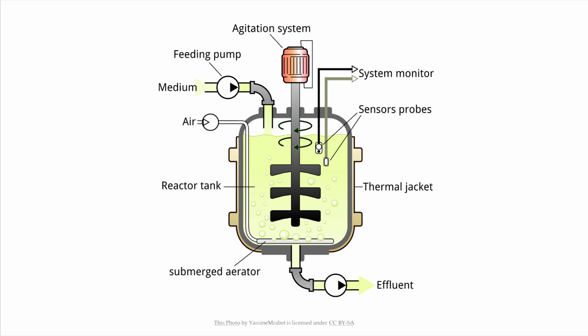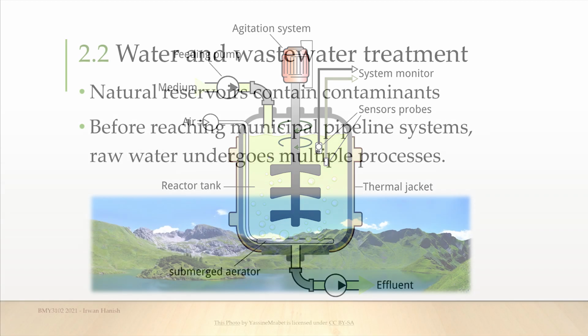These probes are connected to a system monitor outside, connected to a computer. We use them to sense the gas level, the temperature, the pH, and other parameters depending on the bioreactor model that your company or your lab purchased, and also the types of reactions that you want to run in them. All right, so that's a bioreactor.